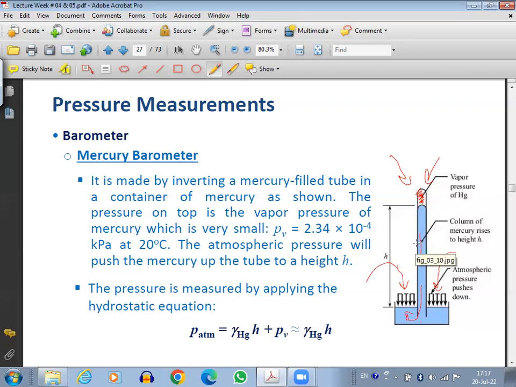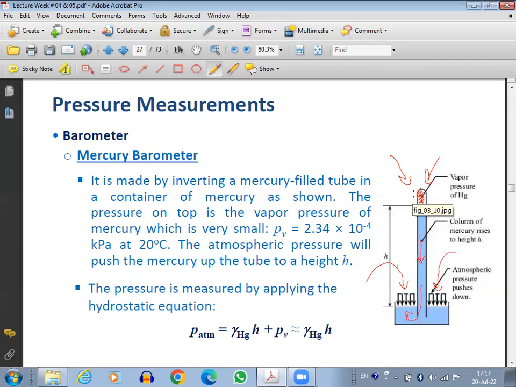And now there is a tug of war. The weight wants the mercury to go down, but the outside air, the atmospheric pressure, wants the mercury to go back up. The level will reach equilibrium at the point when the two forces are equal: the force of the weight of the mercury equals the force due to atmospheric pressure.